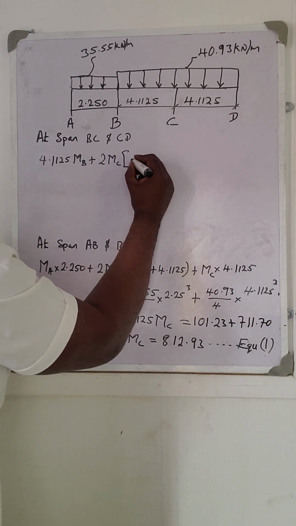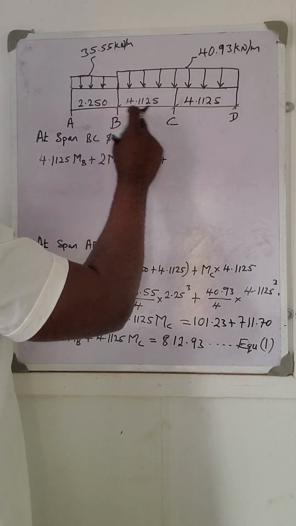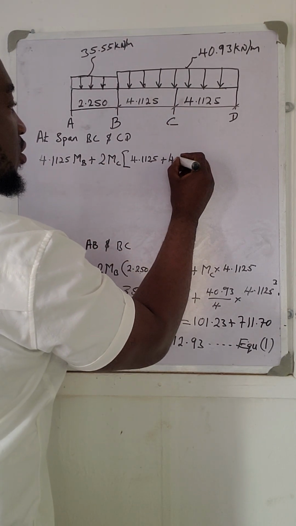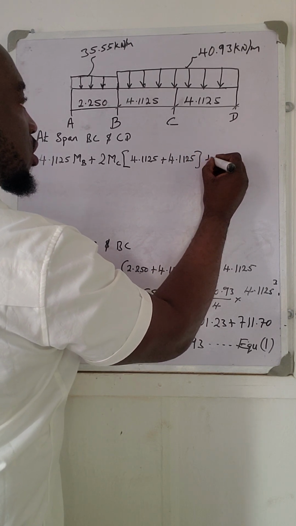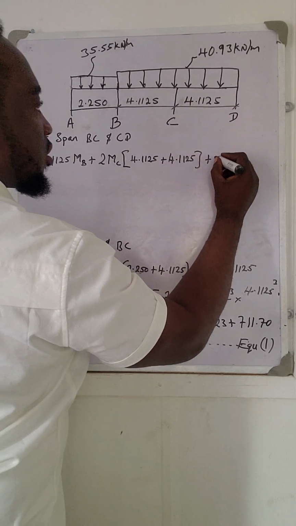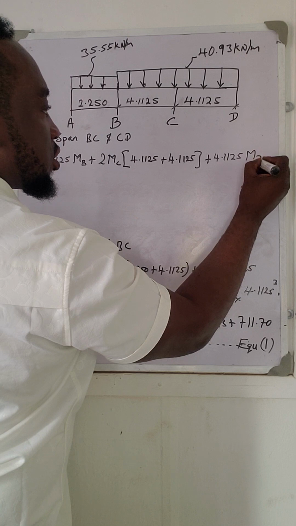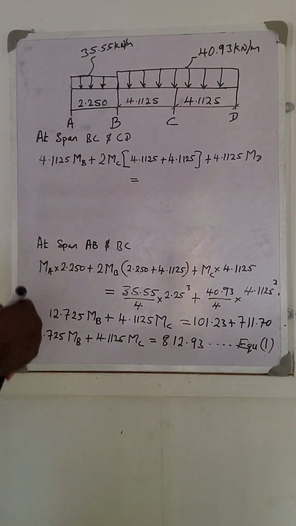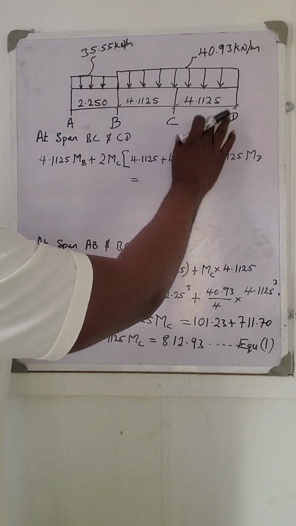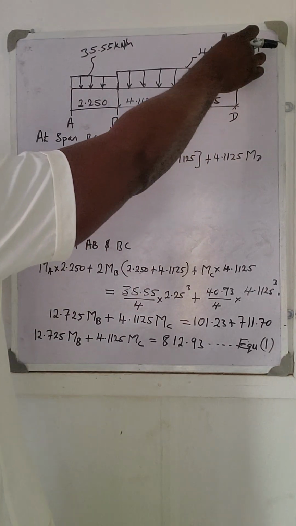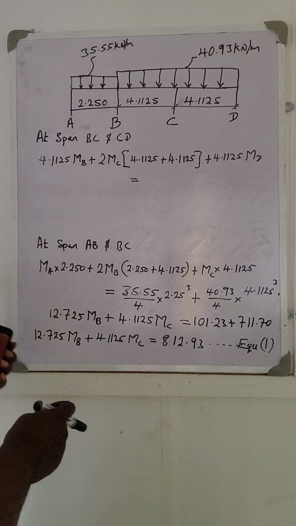4.1125 plus 4.1125 plus 4.1125, then plus 4.1125 MD is equal to, now from BC and CD, we only have this load.